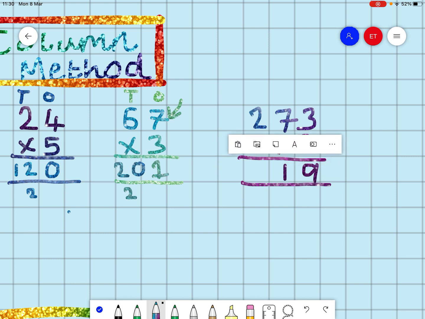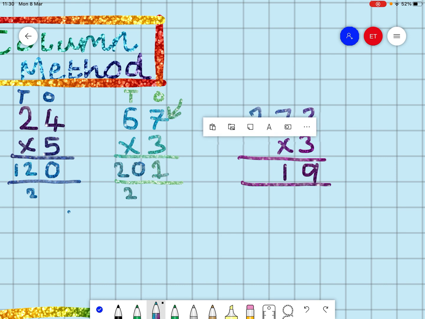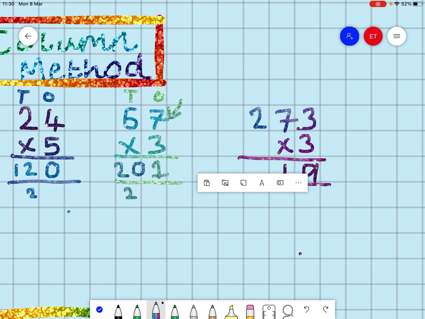So we put our 10 there and we put our 200 in the, why is it doing that? I don't know why it does that sometimes. Let's put it up here then. Nope, doesn't want to do it. So we put our 200 over there, okay?